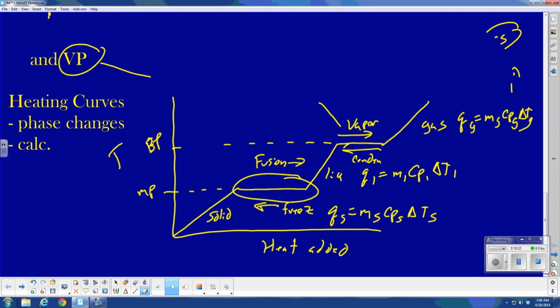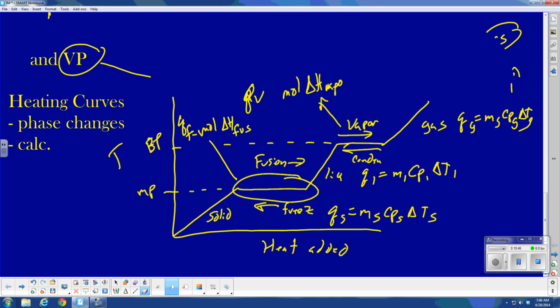And here we have to look at our latent heats, and you have to be careful, look for units: moles times your delta H vaporization. So this is my Q vapor, and this would be my Q fusion, which would be moles times my delta H fusion.